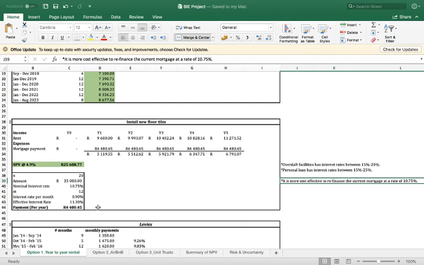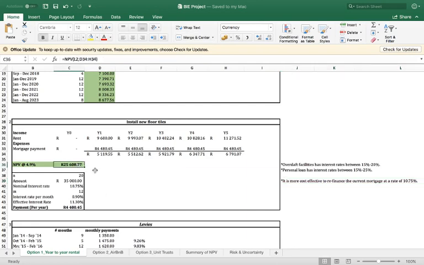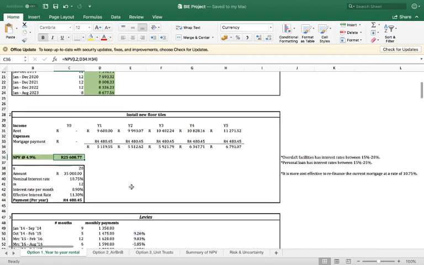Using these values, the yearly profits can be calculated to determine the net present value at an inflation rate of 4.9%. The total net present value is calculated to be around 25,000 Rand, indicating that replacing the tiles is not a worthwhile investment when comparing it to the initial cost of 35,000 Rand.